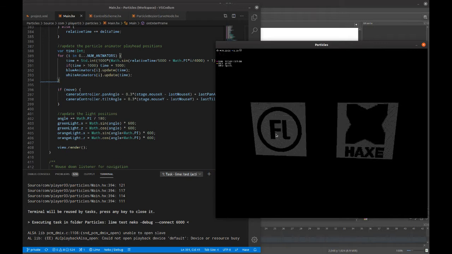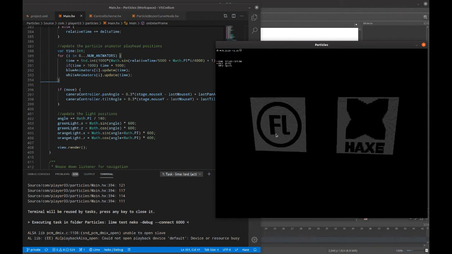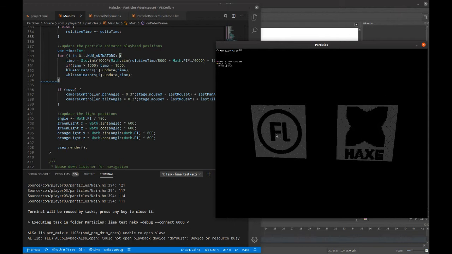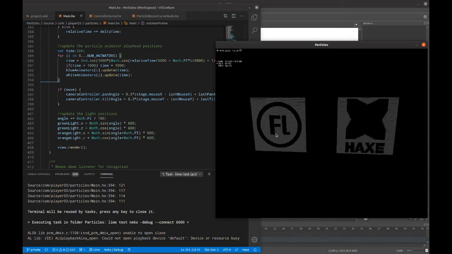So these will sit still for a while and they will move while time is under 1,000. Huh.